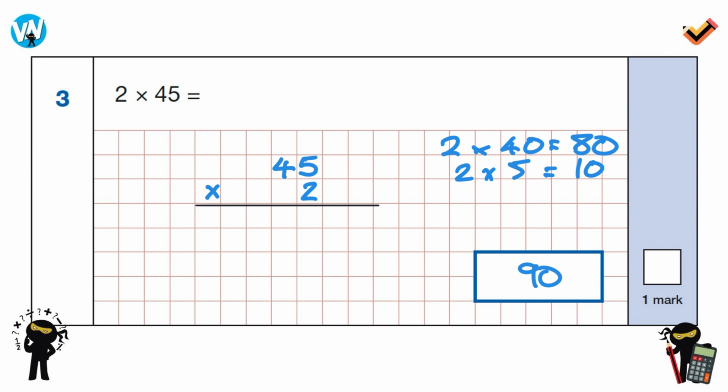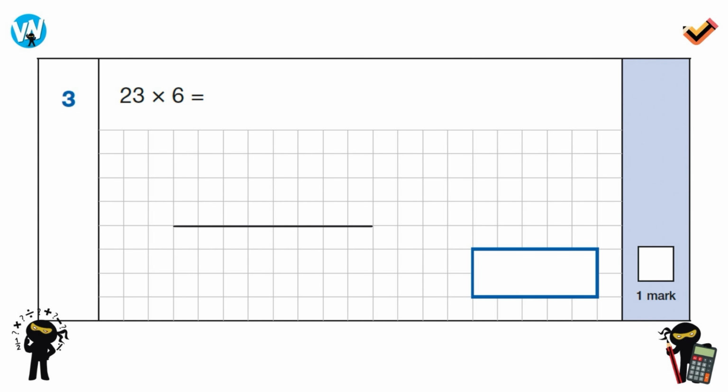But if you wanted to go through the process, that's fine. So we would do 2 times 5 is 10. Carry the 1. 2 times 4 is 8. Add the 1 is 9. So very quickly, we get to that either way. Ideally, we just know that 2 times 45 is 90 and we move on. So again, we don't always need to drop into a column strategy. Quite often we'll know the answer.